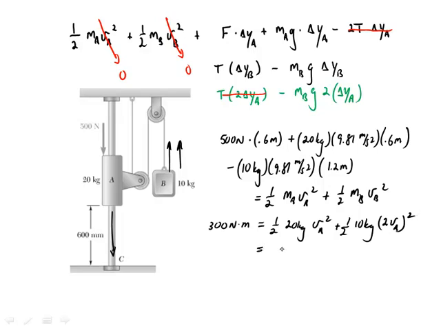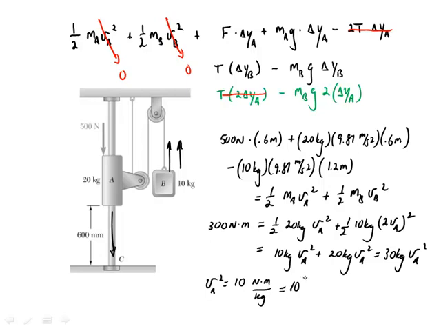So the right-hand side becomes 10 kilograms times V sub A squared, plus 5 kilograms, but then that 2 becomes a 4, so there's 20 kilograms V sub A squared, which is 30 kilograms V sub A squared. So V sub A squared equals 10 Newton meters per kilogram, which is 10 meters squared per second squared. And so the velocity of A is equal to the square root of 10 meters per second.